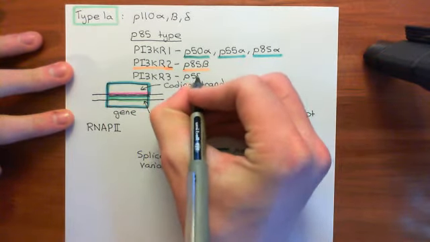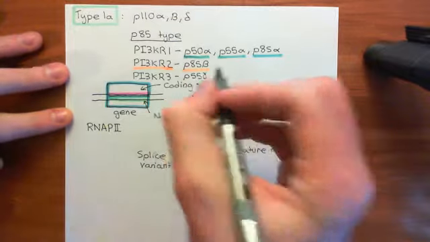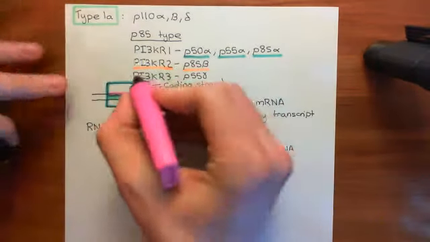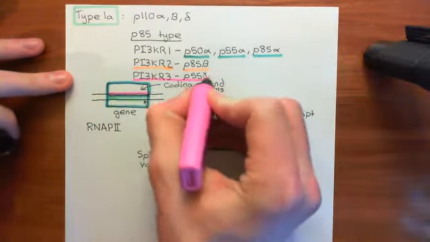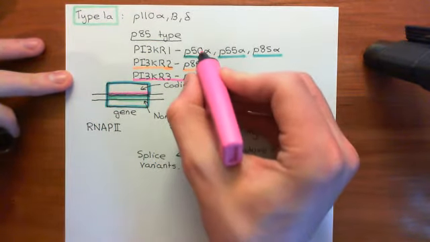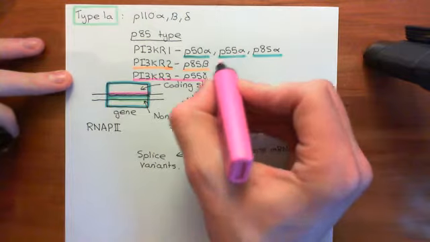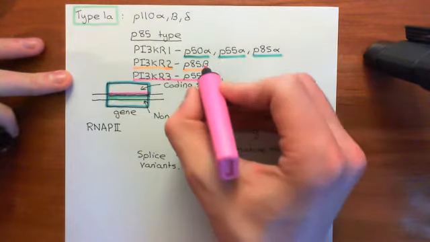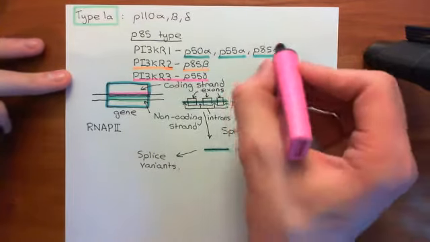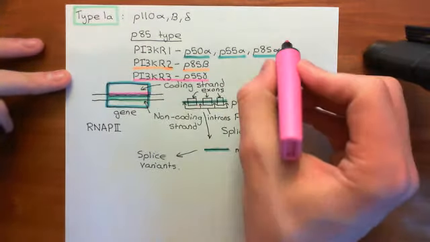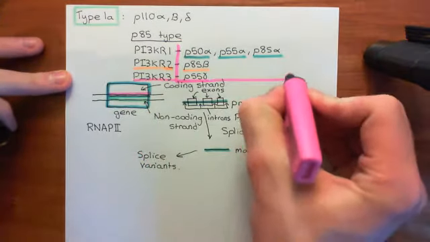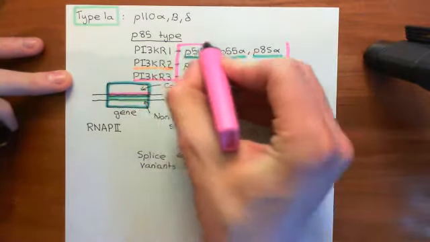So this is P55 gamma, which is the option for what you can create from this gene here. Right, so these 5 proteins, P50 alpha, P55 alpha, P55 gamma, P85 alpha, and P85 beta, are the 5 different proteins that you can use as regulatory subunits for a type 1a Pi3-Kinase enzyme.